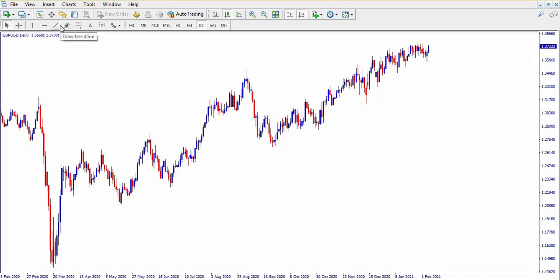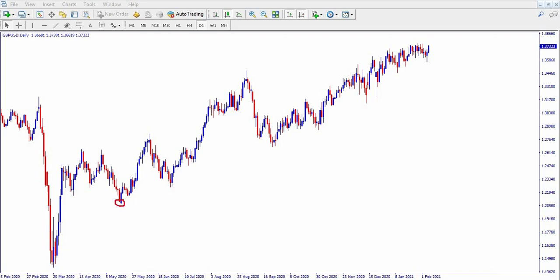Before you can say your trend line is correct, you need a minimum of two points of swing. From what we have here, let's see if we can get a neat one. Look at this point.